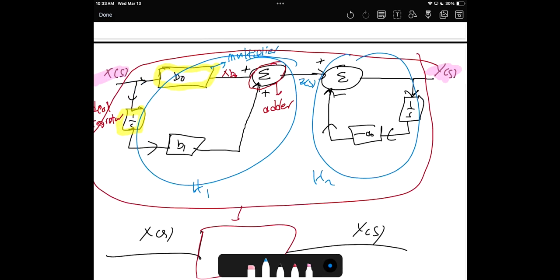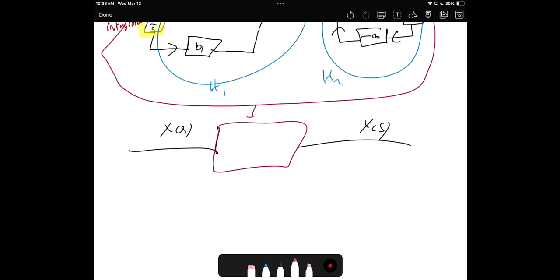So, what should I do? Make a transfer function. Again, we will try to isolate it. Make a transfer function for loop 1 by making z of s over x of s. Then make the transfer function of loop 2 by making y over z. Then after that, multiply them together.